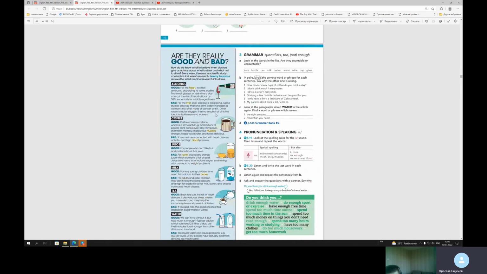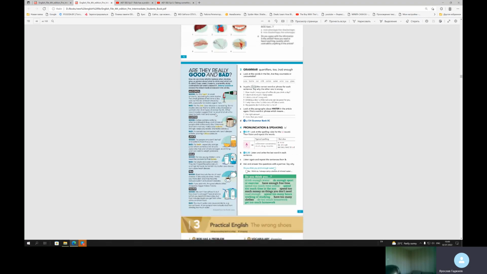How do we know what to believe when doctors give us advice about what to drink and what not to drink? Every week, it seems a scientific study contradicts last week's research.